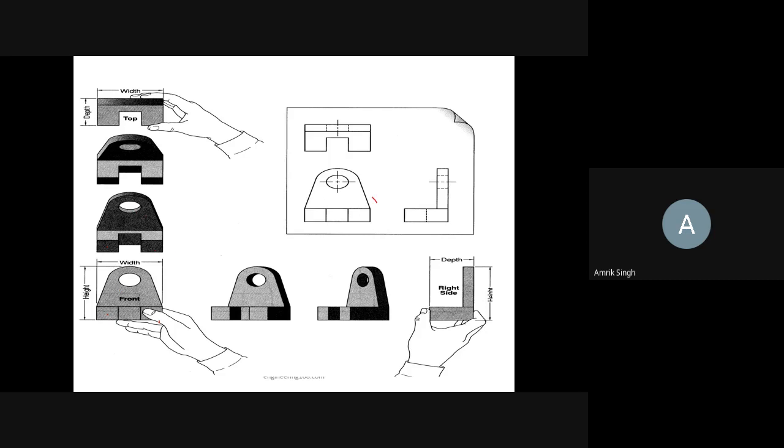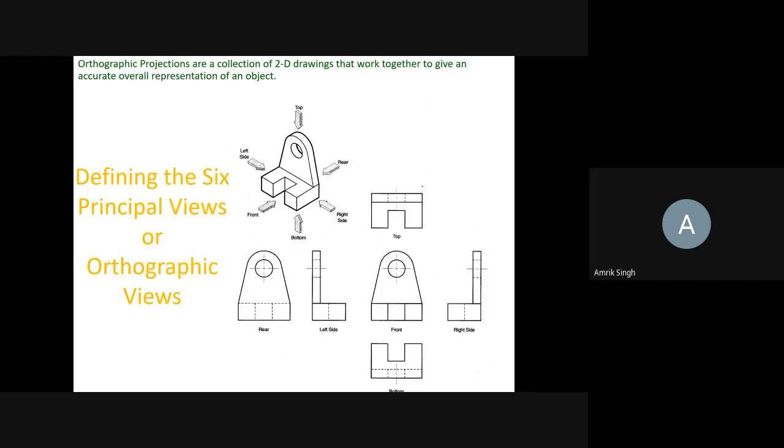So it is drawn the front view. So we can write the FV. Okay. This is a right side view, R view or RS view. And this is the top view. Okay. So if we see from the top, we will draw the top view. If we see from the right, you will draw the right hand view.